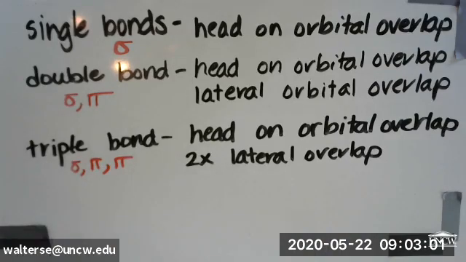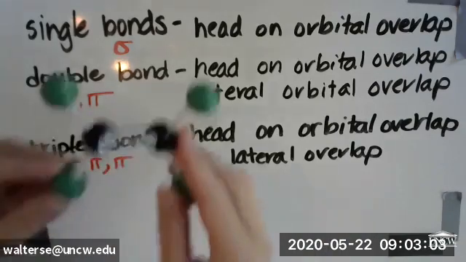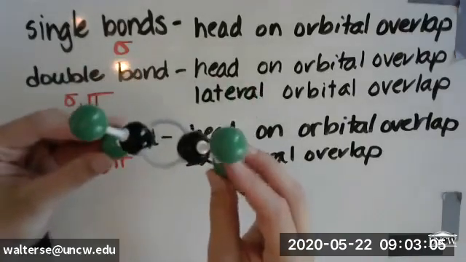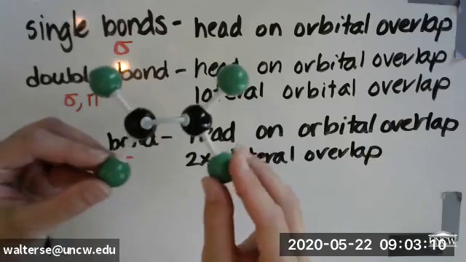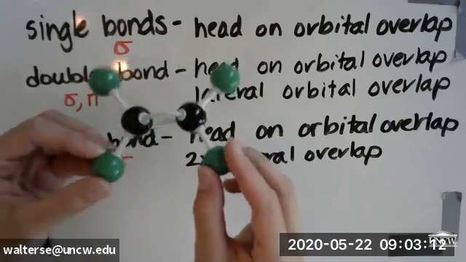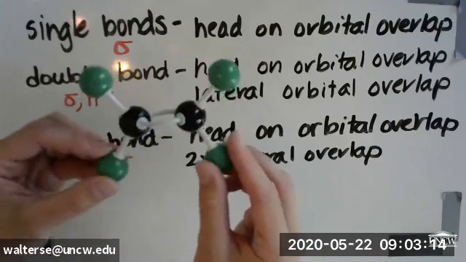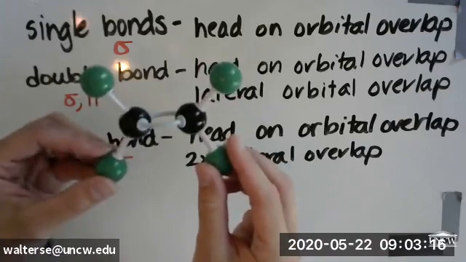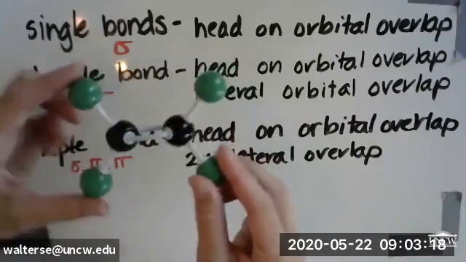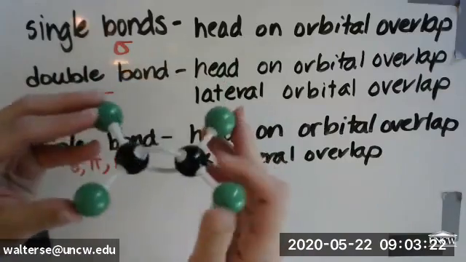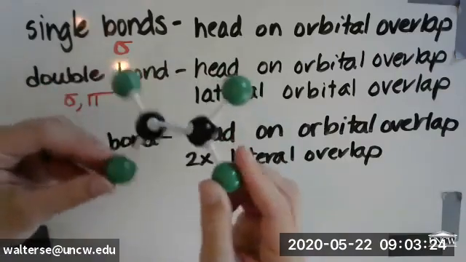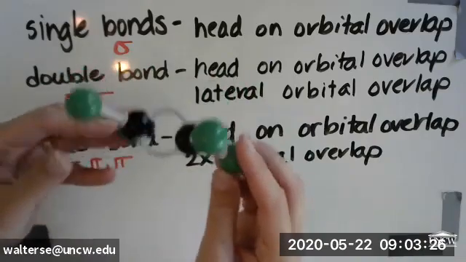So what's important if you look at this model, so if you can see this, the blacks are the carbon, the greens are supposed to be hydrogens. Green is typically chlorine, but you wouldn't have been able to see the white hydrogens against this board. So if you look at this molecule and we turn it, the 6 atoms are all in the same plane. Okay, so that means that they're flat.